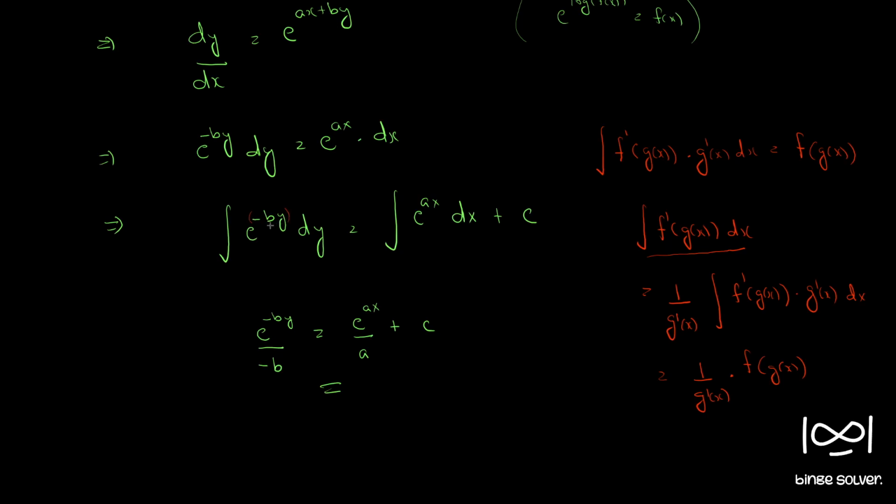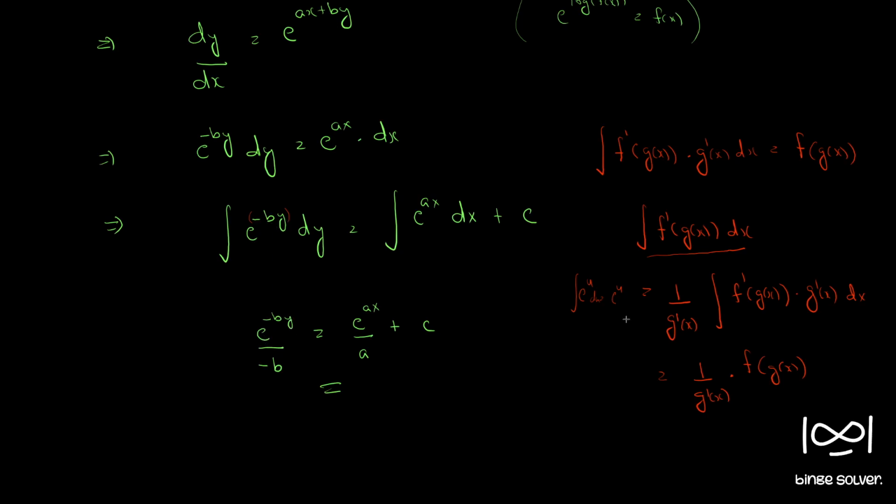Its differential is a constant, minus b. So to integrate this, I integrated e raised to minus by, ignoring the minus b, say integral of e to the u du is e to the u itself.